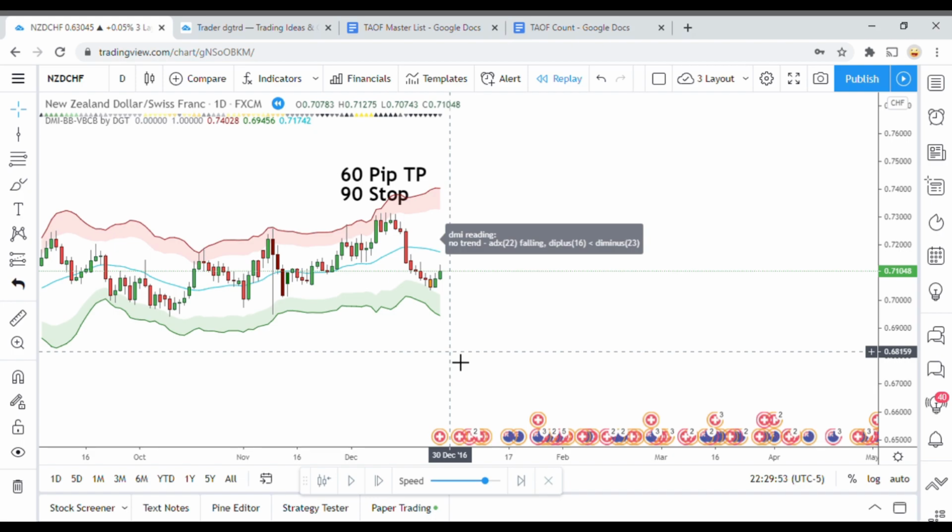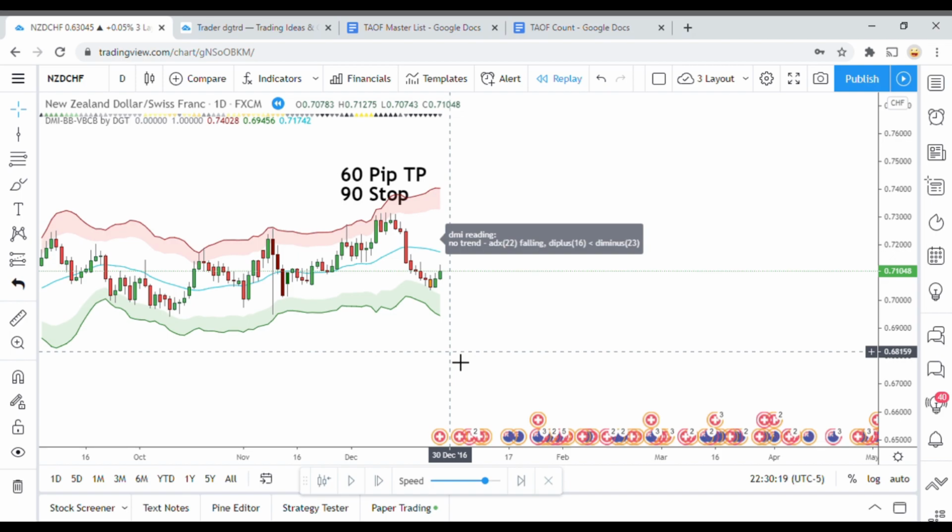And then on top of that, it also uses the ADX, the average directional index. And so it combines all these and meshes them together to create this overall indicator that we have here.